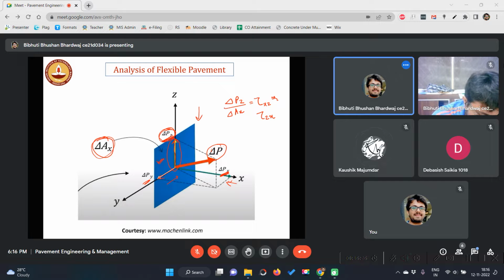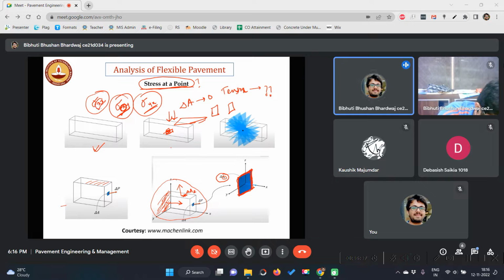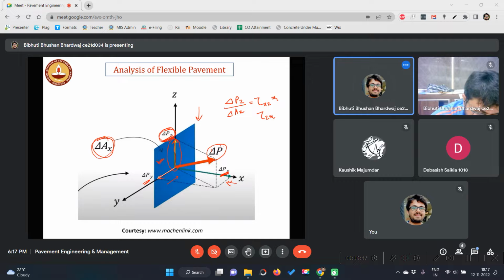Zx. Why? Sir, pressure in the x direction. You are messing it up. I said the first letter always denotes the direction of the surface.